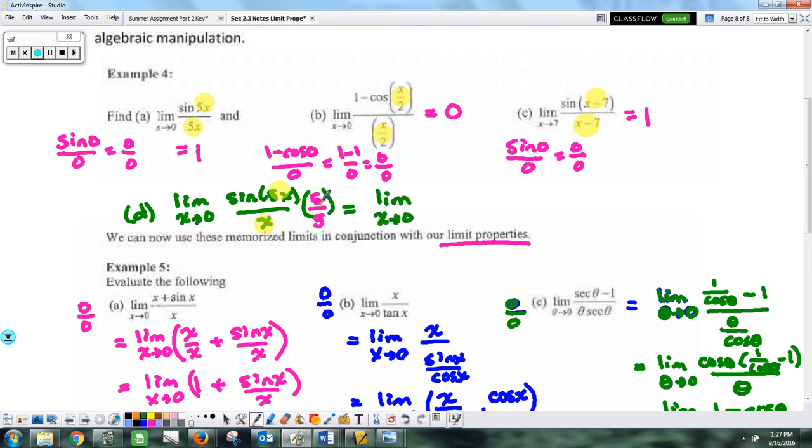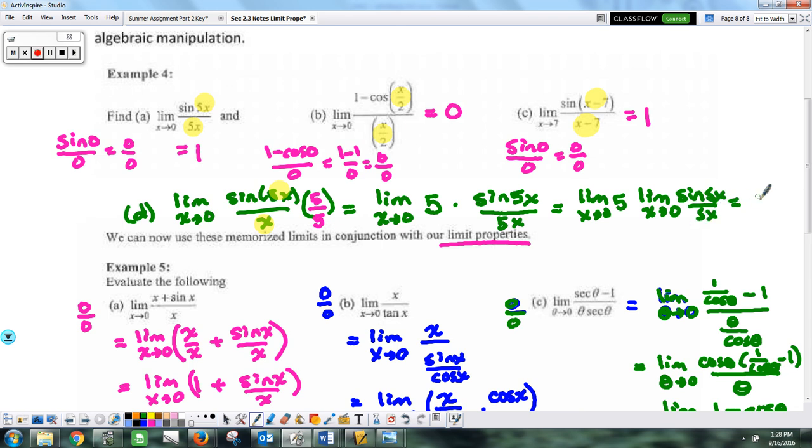Now I can apply just basic algebra properties. This is the same as saying the 5 times this 5 right here, I'm just going to pull it to the front, and then I'm going to take the sine of 5x, and then this 5 I'm going to put with that x on the bottom, 5x. So now I have the limit of basically the product of two limits that both exist because one of them is a constant and the other one is the special limit over 5x.